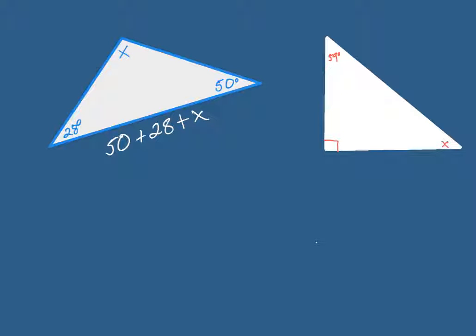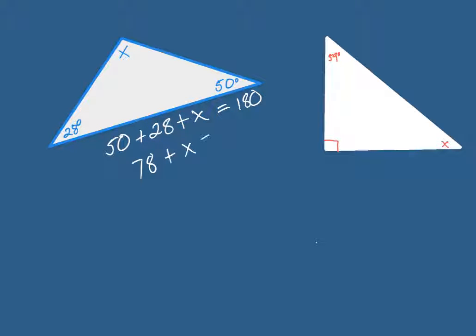Our job is to find x, and we can do so because we know that all of the angles in a triangle add up to 180 degrees. And so we add it up, we set it equal to 180, and then we treat this like an equation, and we simply solve for x. We do 50 plus 28, which comes to 78.